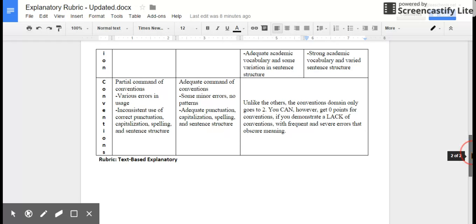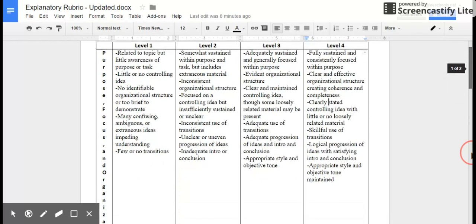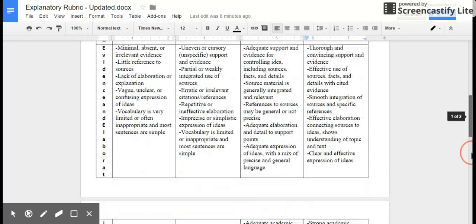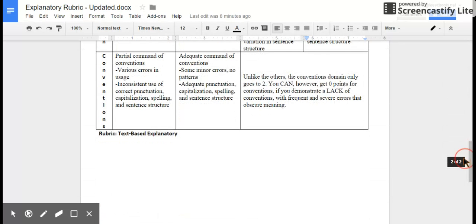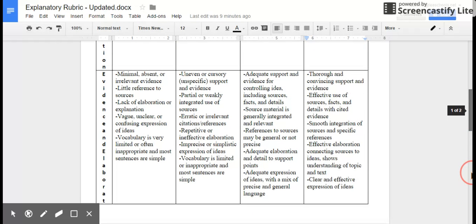What I want you to do after you have interacted with this video appropriately, there should be multiple choice questions as we go. After you have done that, you are going to work to come up with a checklist for conventions. So what things should a person do if they want to get a 2 out of 2 in conventions? A checklist for evidence and elaboration.